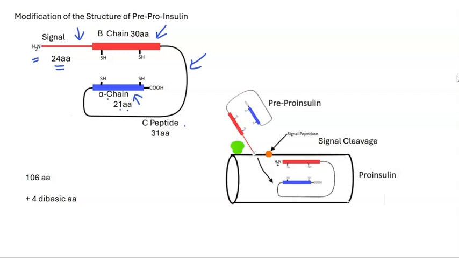Now, the beta and the alpha chains are carrying amino acids that will eventually allow them to form disulfide bridges in their structure, but at this stage that has not occurred.